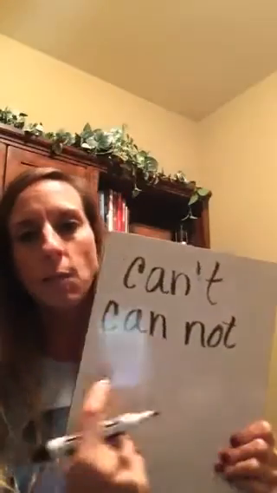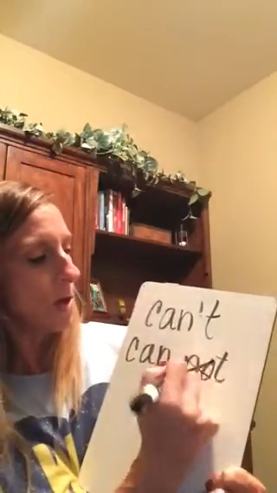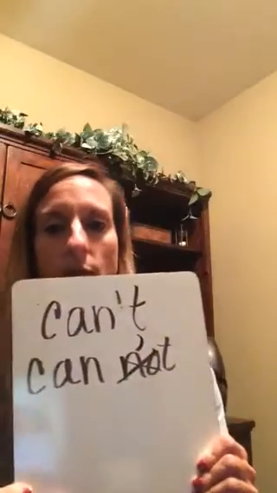Okay, next one. These are the review words. Can't. So everybody write can't. And what you think can't stands for. Can't. And then we have cannot. So we take out the N and the O and put the apostrophe and you end up with can't.